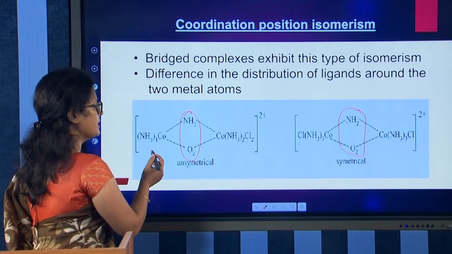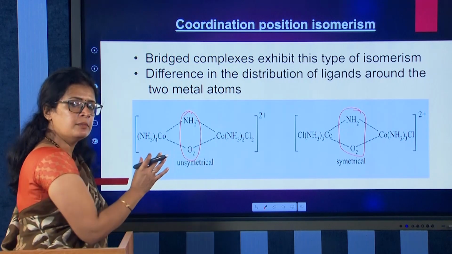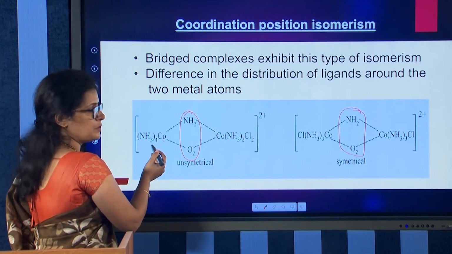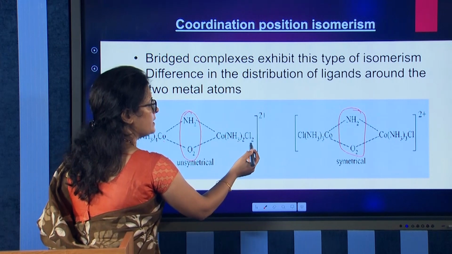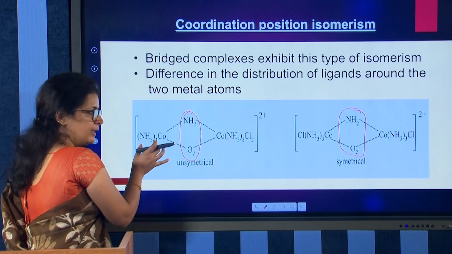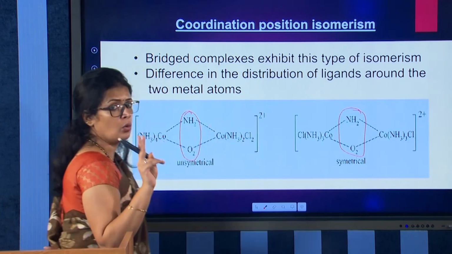The difference is that this is an unsymmetrical bridged complex. How does it become unsymmetrical? Co(NH3)4 here, and here Co(NH3)2Cl2. There is no symmetry. See, 4 ammonia ligands are on this side, and here you can see 2 ammonia ligands and 2 chloride ligands.